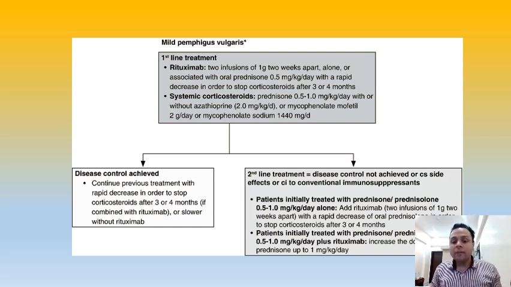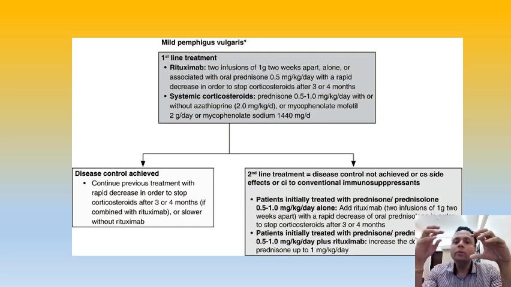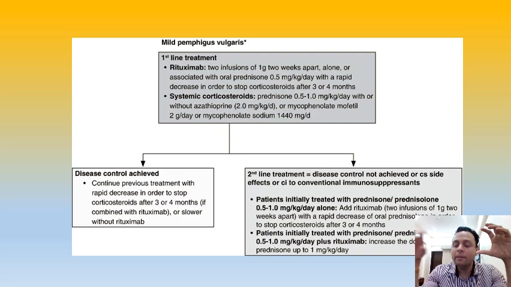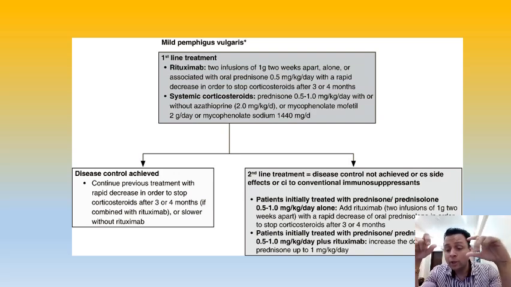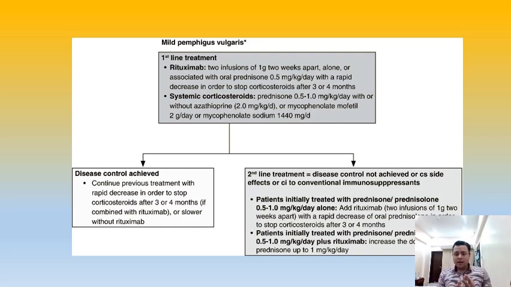When you are putting it in normal saline, out of 500 ml you remove 100 ml, because this 100 ml is coming from the rituximab vial. The rituximab vial, I told you, comes in two varieties: 50 ml containing 500 milligram, and 100 ml containing 1 gram.